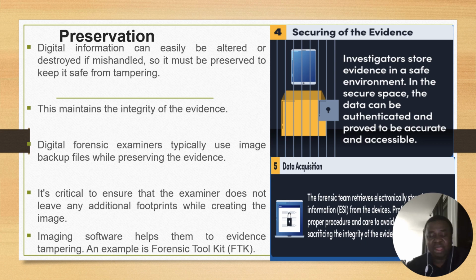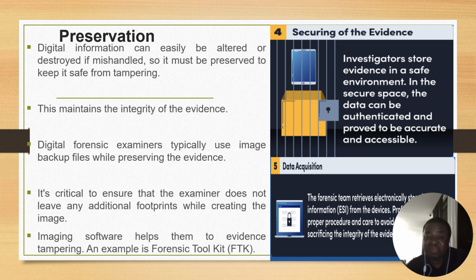Now that we have the evidence collected from the crime committed, it is necessary to preserve this evidence. Therefore, I'm going to talk about the preservation stage. Digital information can easily be altered or destroyed if mishandled, so it must be preserved to keep it safe from tampering. This maintains the integrity of the evidence.